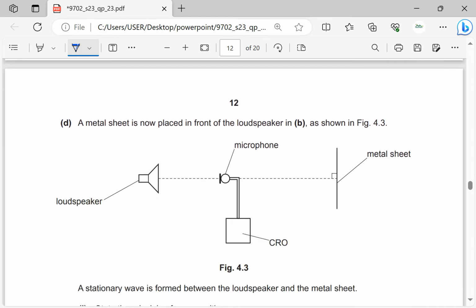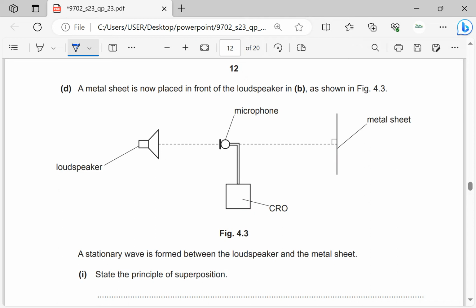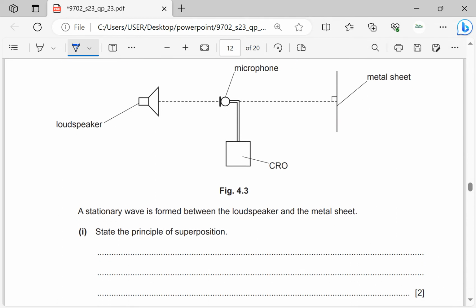Another waves question. A metal sheet is now placed in front of the loudspeaker in B as shown in the figure. So they have now put a metal sheet. Of course, there is going to be reflection.